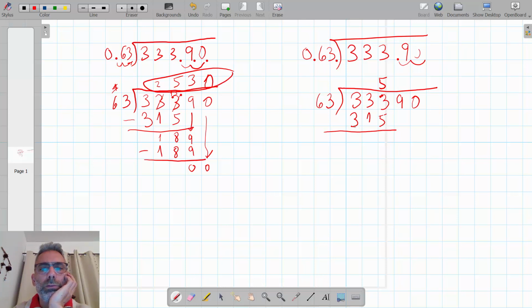Okay, because to go from 315 to 330, we have to add 15, plus 3, we go to 333, so this equals 18. And 63 doesn't go into 18, so it's good. Bring down the 9. No, I see my mistake.